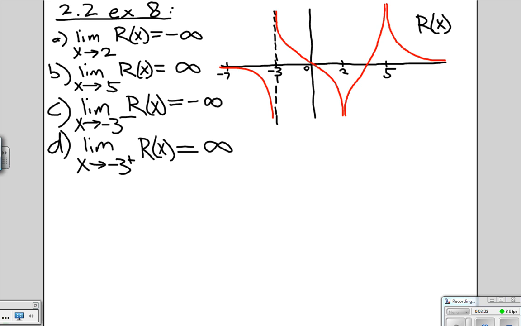And then part E asks us not for a limit, but for some equations. Part E says the equations of the vertical asymptotes.